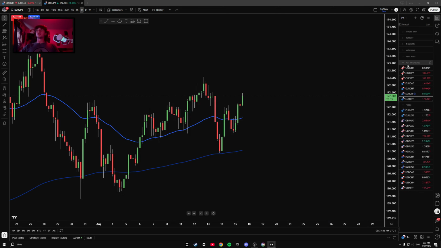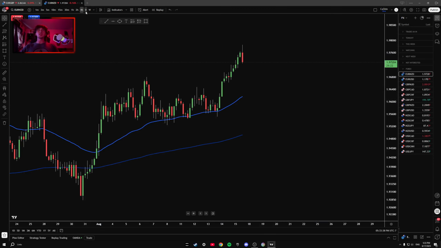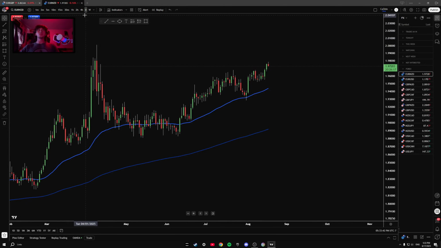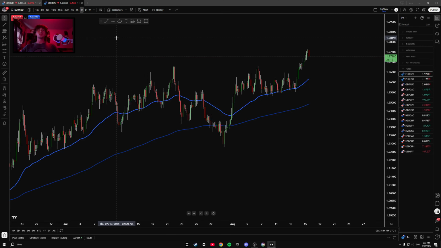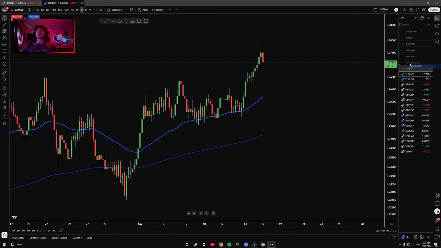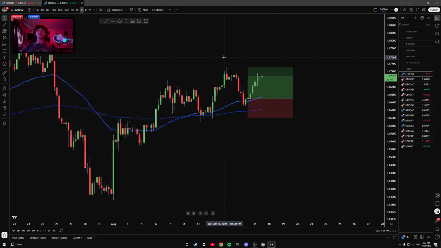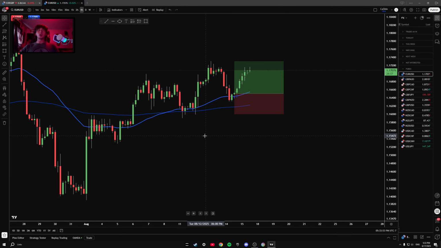Not interested in Euro JPY, Euro NZD. Not interested. I love it when these pairs are not giving us anything, because then it's very easy to not take a trade.